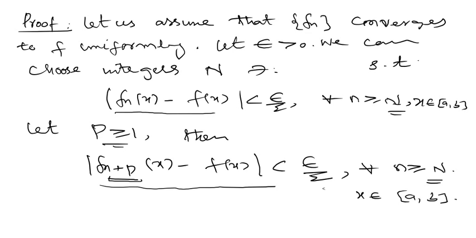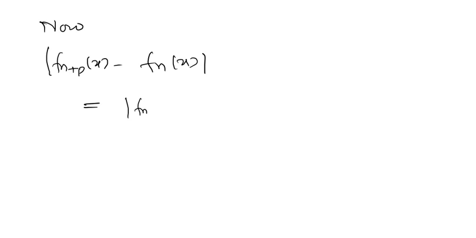Now let us see this difference, f_{n+p}(x) minus f_n(x). We want this to be less than epsilon. This is equal to f_{n+p}(x) minus f(x) plus f(x) minus f_n(x). Now let's apply the triangle inequality.